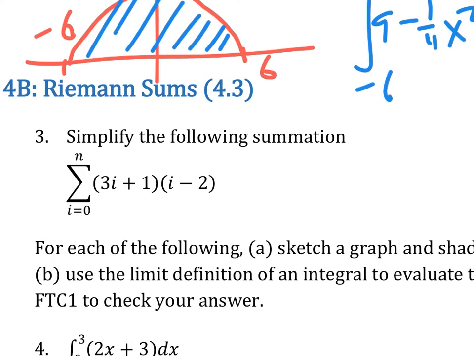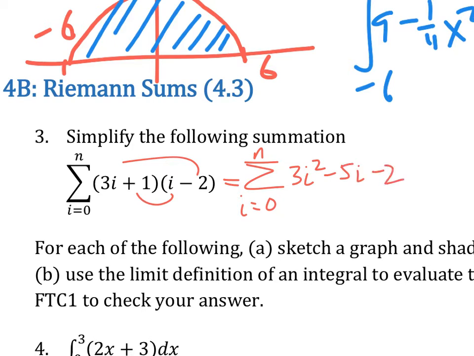So cruising along here, let's simplify this summation. First thing we want to do is distribute this. Okay, i equals 0 to n. And if we distribute, we get 3i squared. And then we're going to have minus 6 plus 1. That'll be minus 5i. And then minus 2. Now, our formulas that we've memorized are actually from 1.